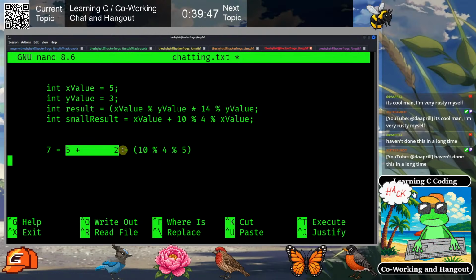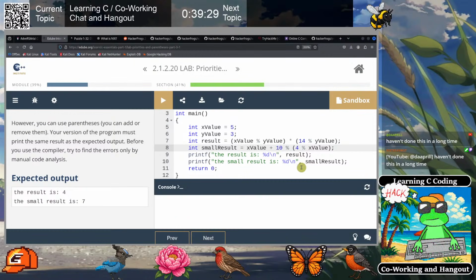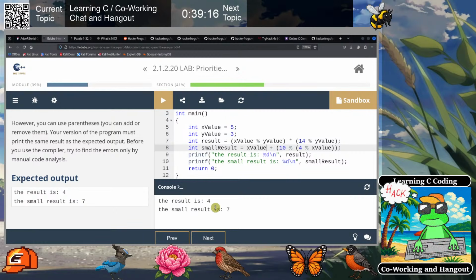So 7 has to be 7 plus 2. So we need to put an extra parentheses over here. Okay, and we'll try running the code. The result is 4, the small result is 7. Okay, that was the correct one.